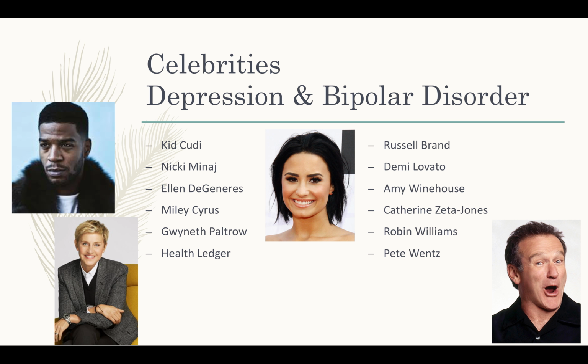You may or may not know some of the folks I've listed on the slides: some celebrities with depression on the left-hand side and folks with bipolar disorder on the right-hand side. These folks have openly talked about and shared their diagnoses with the public.